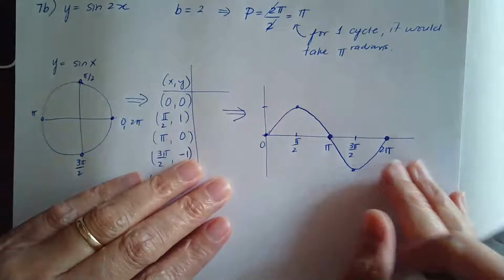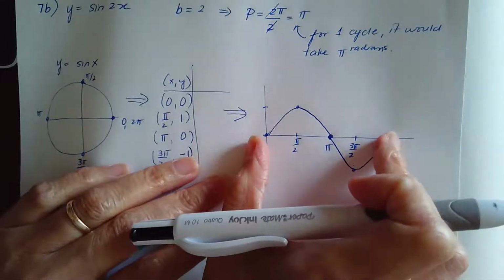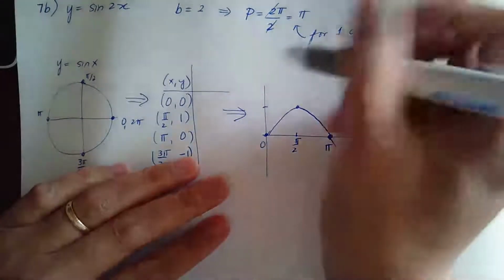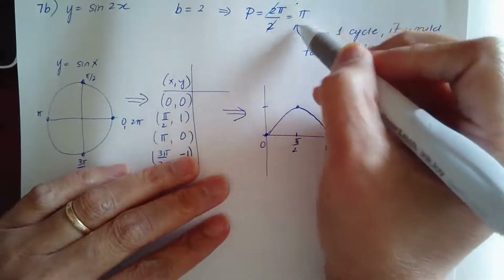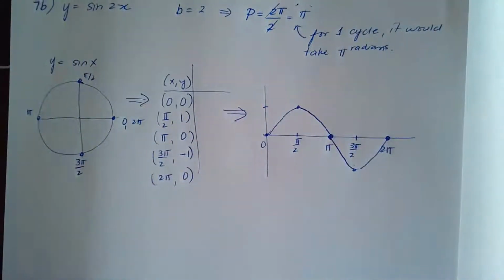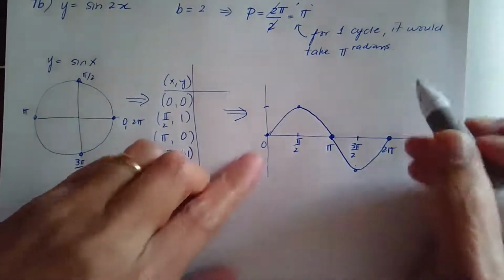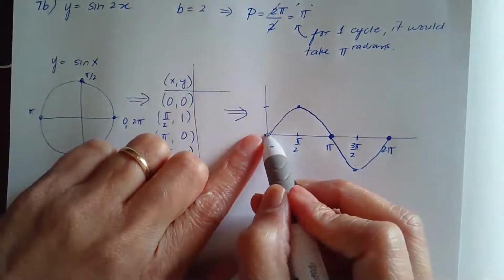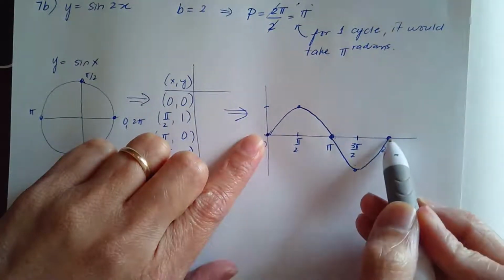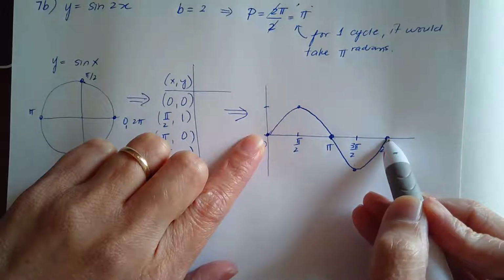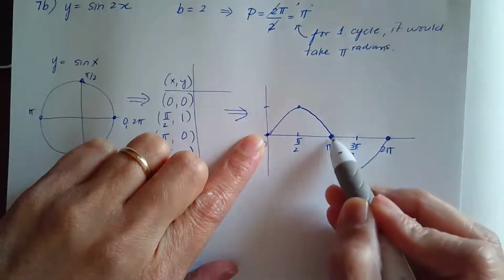Can you imagine this getting compressed here? That's why the period here is pi. This 2 pi got compressed to a half, which is at pi.